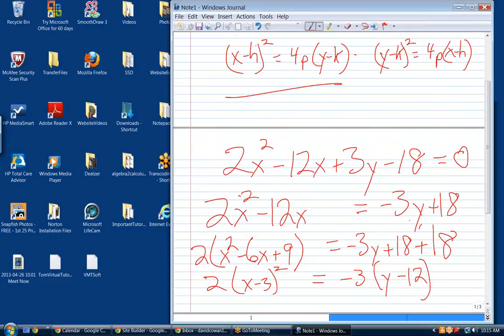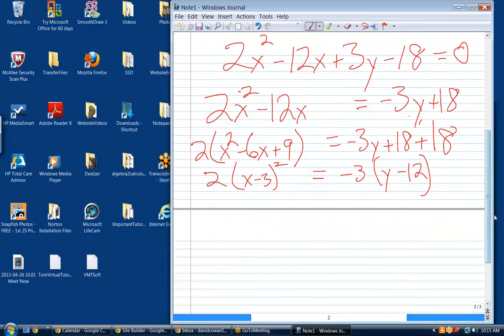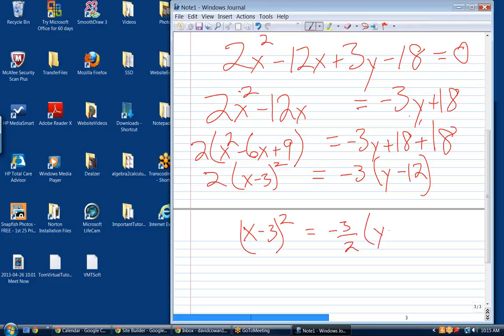In other words, if we're going to use this standard format, there's no coefficient in front of this. So we've got to get it to 1. Now we can find 4p. Let's start with that. 4p equals minus 3 halves.